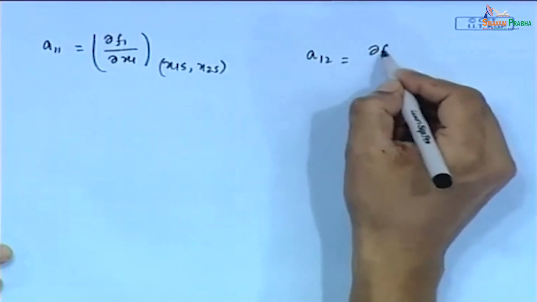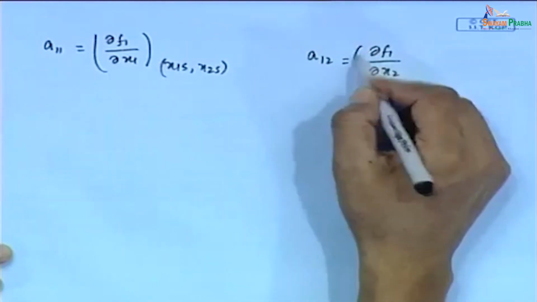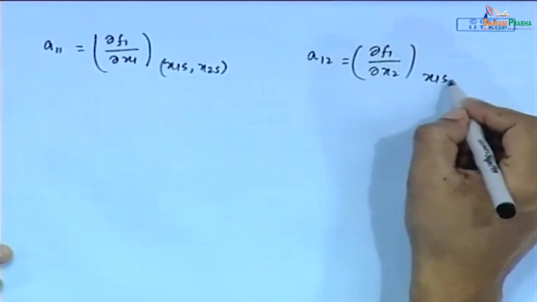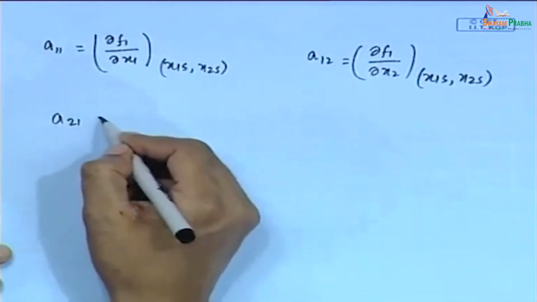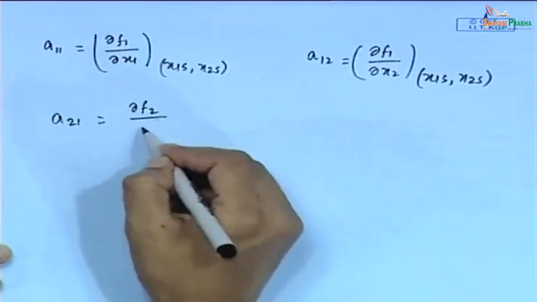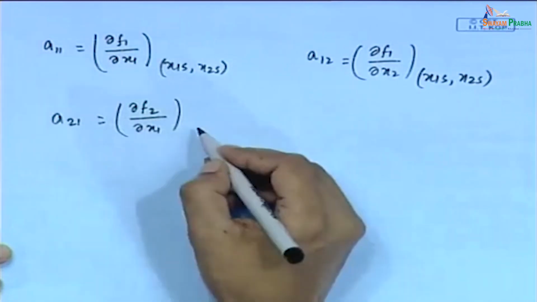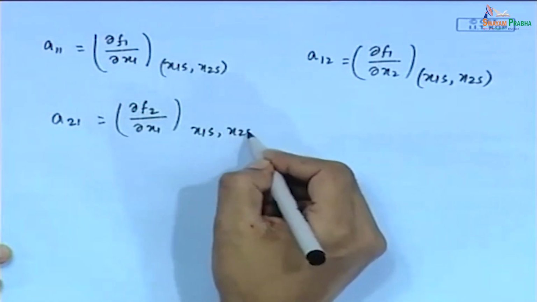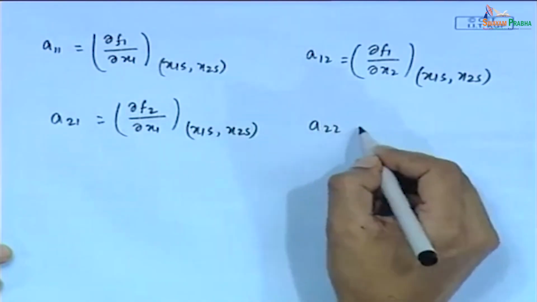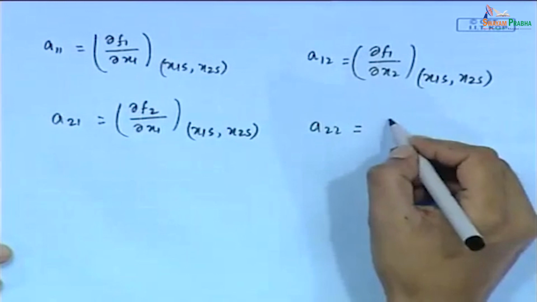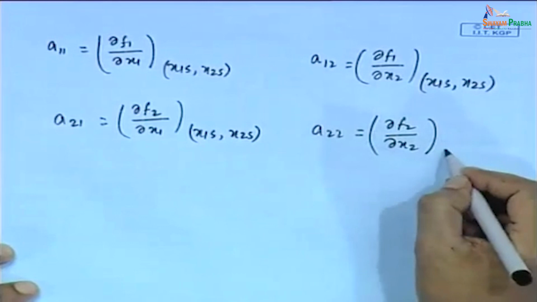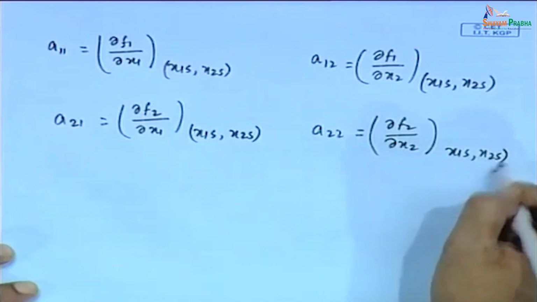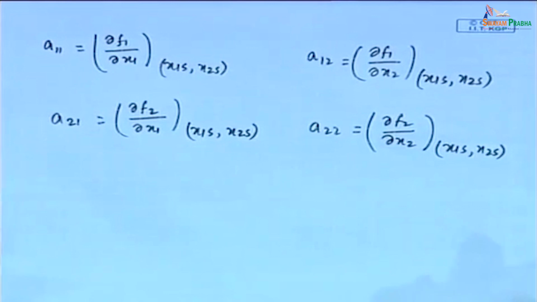A12 is this one. Similarly, A21 will be this one, and the fourth coefficient is A22, evaluated at x1s, x2s. Fine. So, we got the equations.